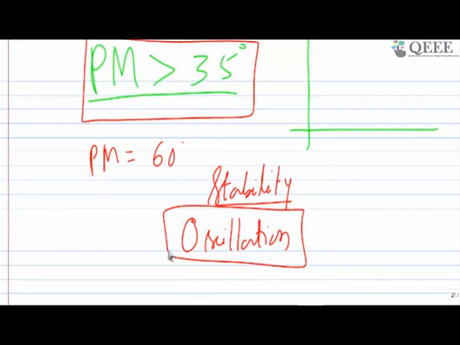And these oscillations are measured in terms of a damping factor called zeta, which is also defined here in terms of some degrees of phase. So if your phase margin is becoming better and better, your damping should be removed, or there has to be minimum damping.